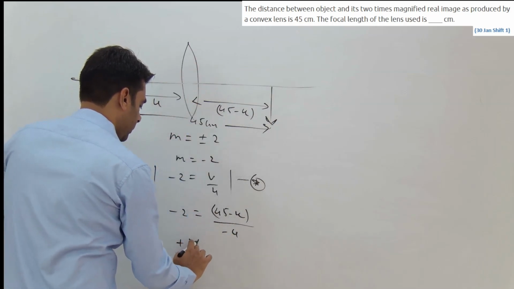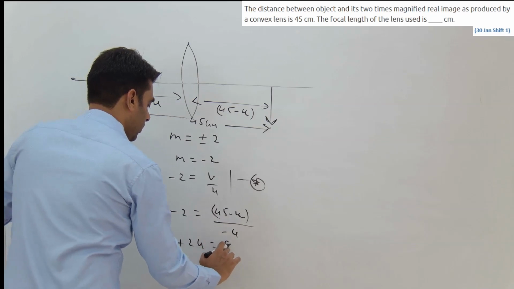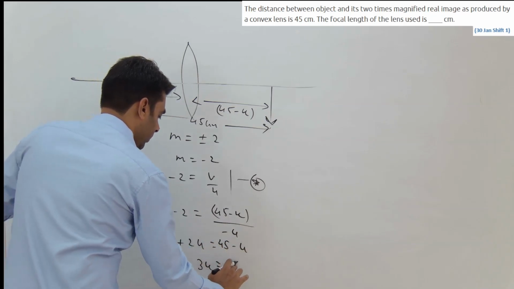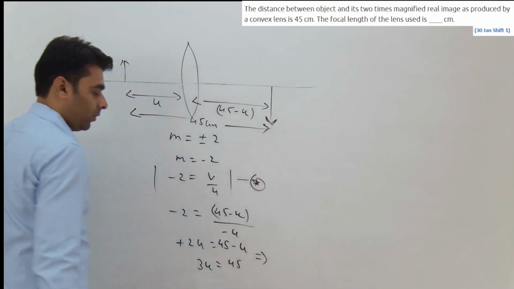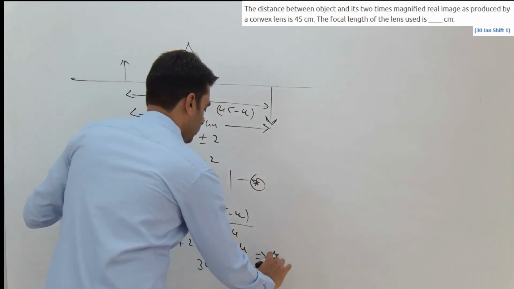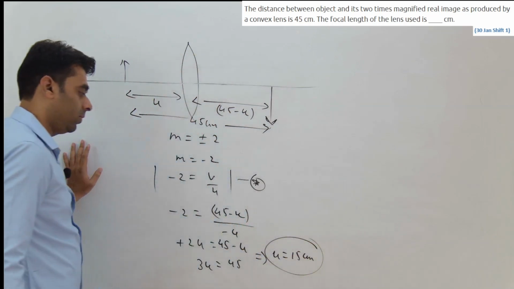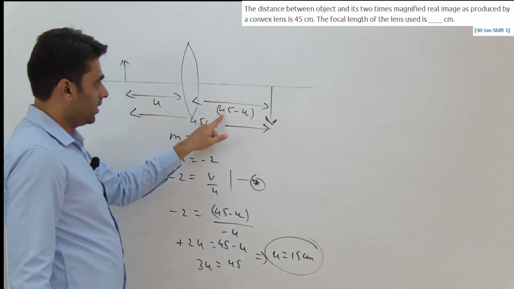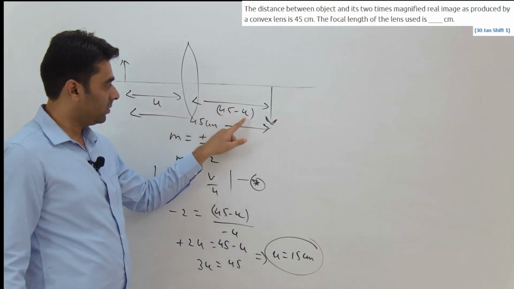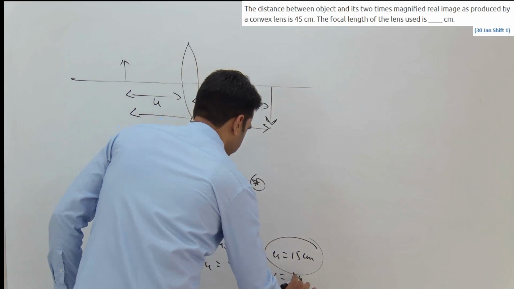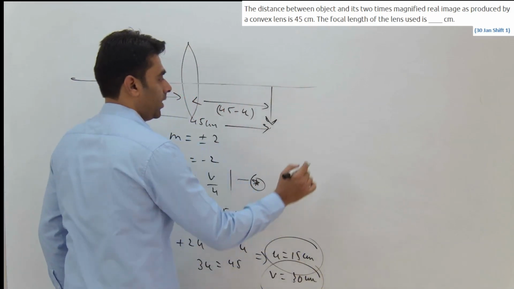Minus minus plus, 2U is equals to 45 minus U, so 3U is equals to 45. That means U value comes out to be 15 centimeter. Okay, well and good. If U is 15 centimeter, V, that is the distance of image, will be 45 minus 15, which comes out to be 30 centimeter.